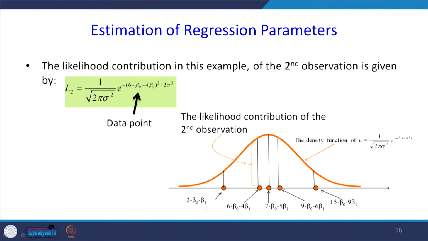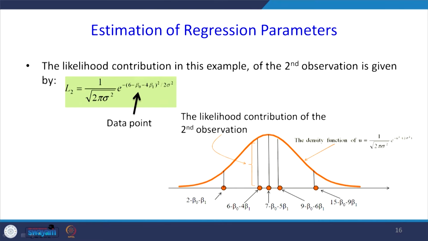When you look at this, for the first data point, the y value is 2 and the x value is 1, so it becomes 2 minus beta 0 minus beta 1. For the second data point, the y value is 6 and the x value is 4, so 6 minus beta 0 minus 4 beta 1, and so on.